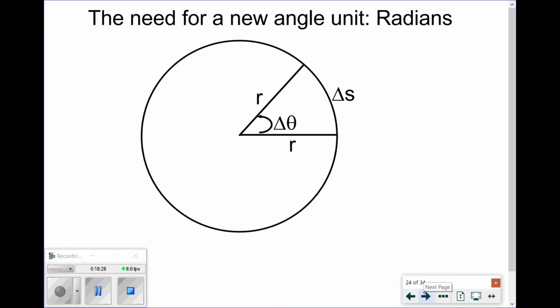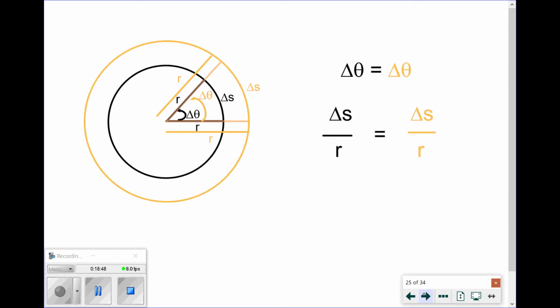And so what we do is we expand out from a triangle to more of a pizza slice, if you will, where we have the arc being connected by two radii. The angle needs to have some sort of relationship with this distance. And when we expand out my radius, I do see that my arc distance gets larger.